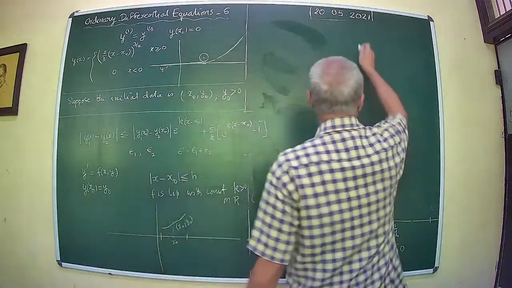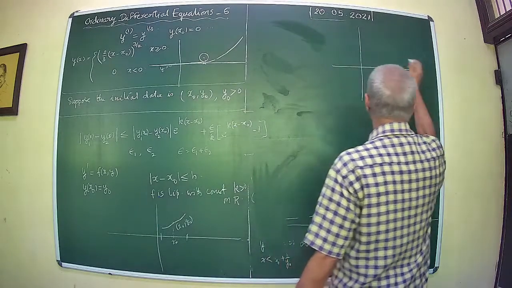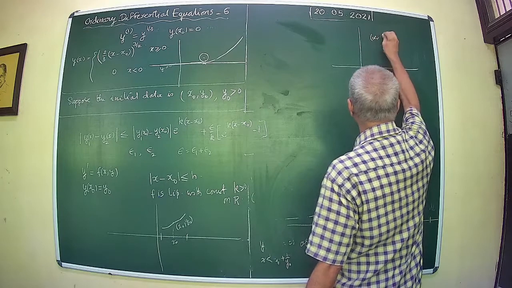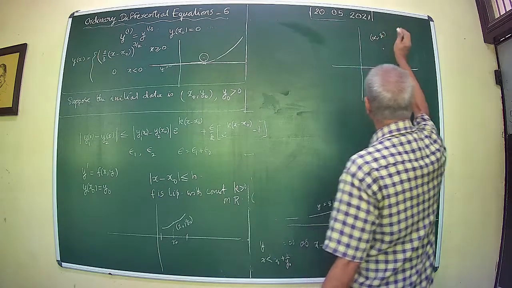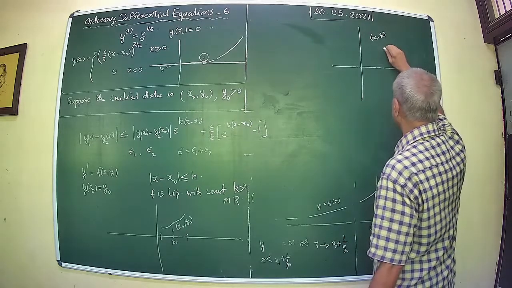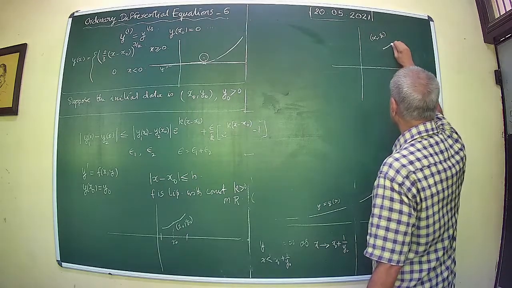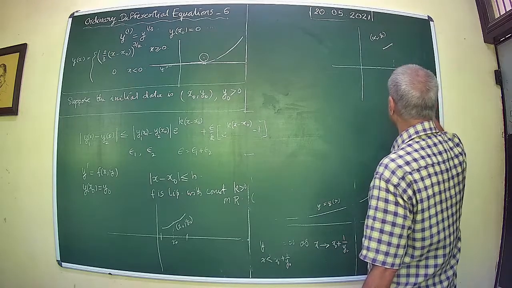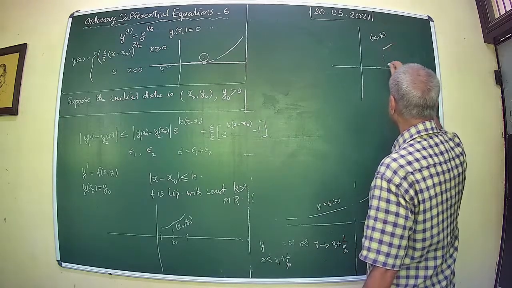How I do this is as follows. You see, I start from the point x0, y0. I know what f of x0, y0 is. I draw a line segment and then go up to x1 with that slope.